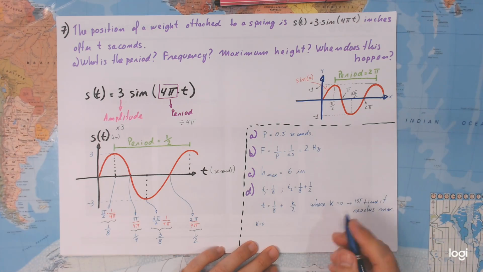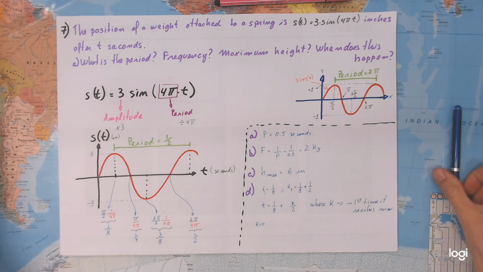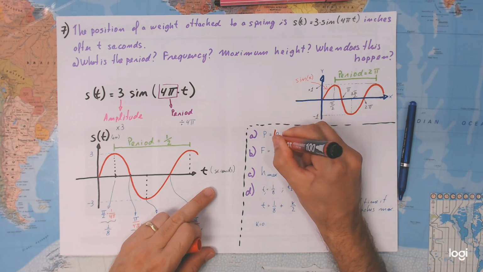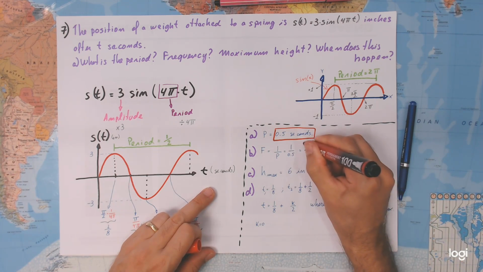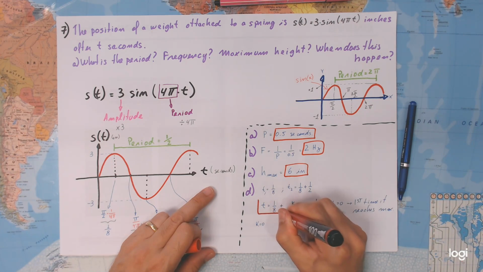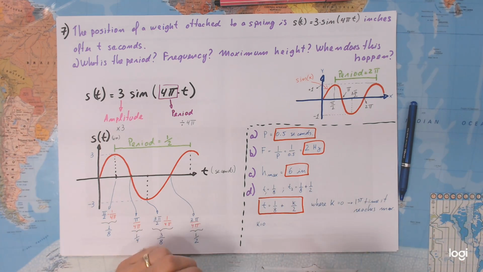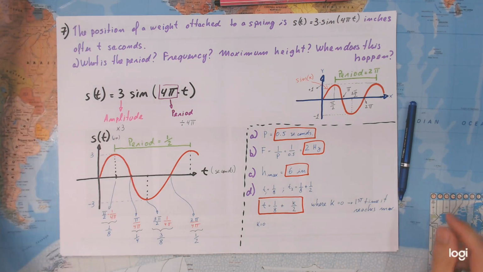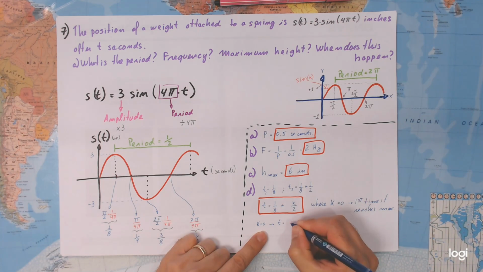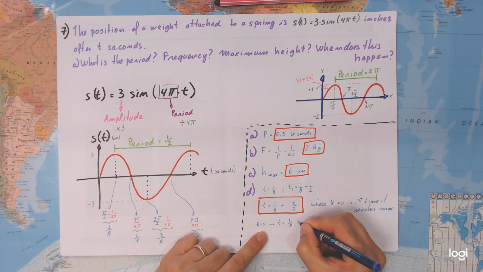And then I'm going to write, let me put it now. So the answer is this. First, second, third, fourth. Those are the answers. For k equals 0, time equals 1/8 of a second.